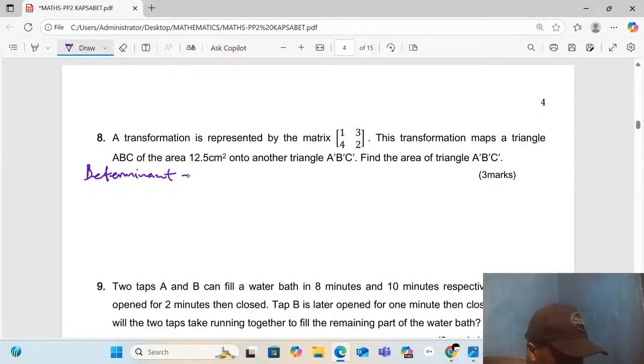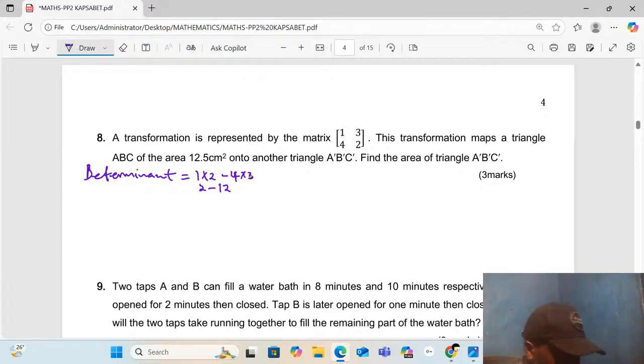The determinant, we know that we take 1 times 2 minus 4 times 3, so that is 12. So that is now 2 minus 12.